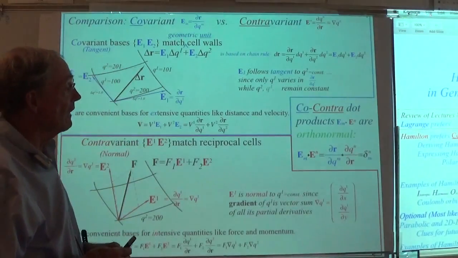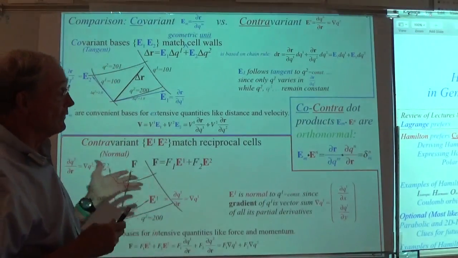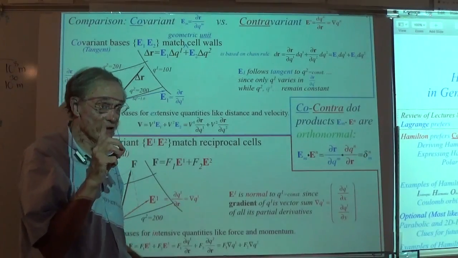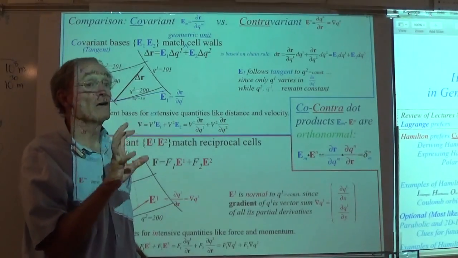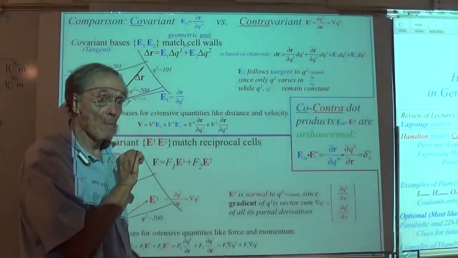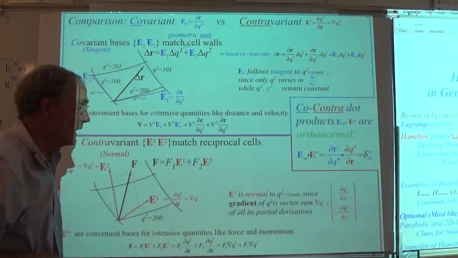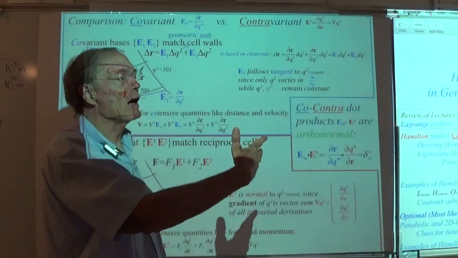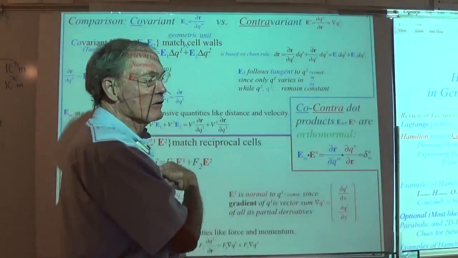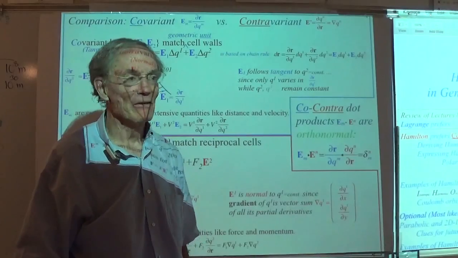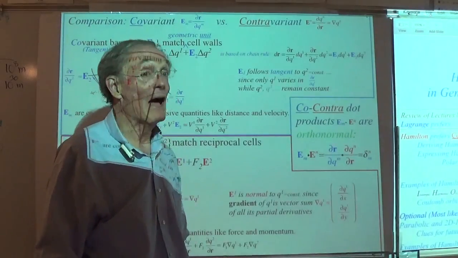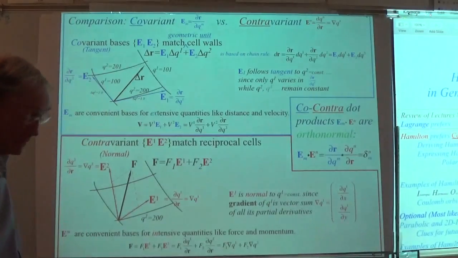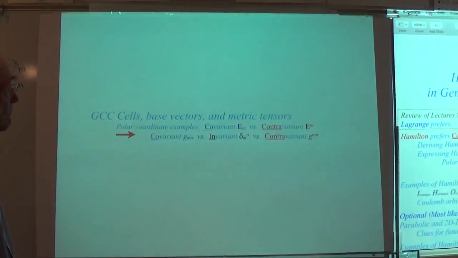But this one just happens to be, the polar coordinates that we're using just happens to be not just a GCC, it's an OCC, orthogonal curvilinear coordinates. Okay? And I find that most books on mathematical methods will take you up through orthogonal curvilinear coordinates and then just throw you off the cliff. There's nothing on how to deal with the ones that really matter. In GR, certainly, but also in hydrodynamics and optics.